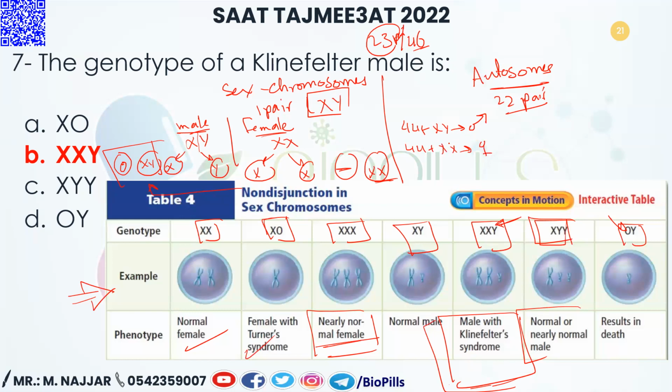If there is one additional chromosome, such as in Down syndrome, it will be 45 plus XY if it's a male, or XX if it's a female. And this is 45 because there is one additional copy of chromosome number 21. But chromosome 21 is an autosome, not a sex chromosome. And this is called trisomy.